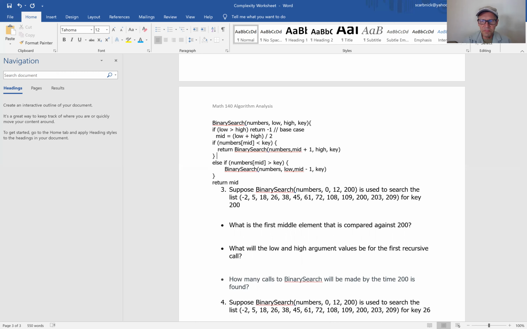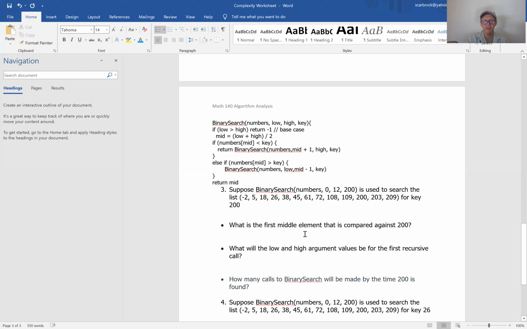Okay, so we have this list. There's actually 13 values in it. 209 is at index 12. And we're looking for 200. It says, what is the first middle element that is compared against 200? So remember the middle, we just take the average of the low and the high.